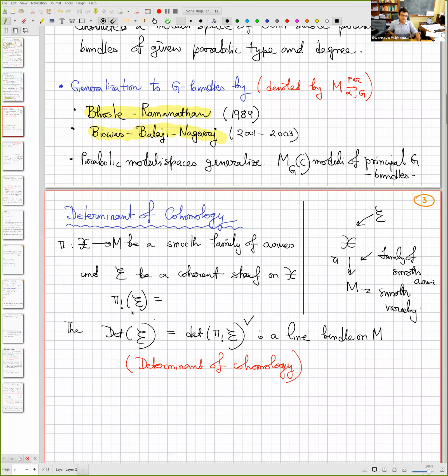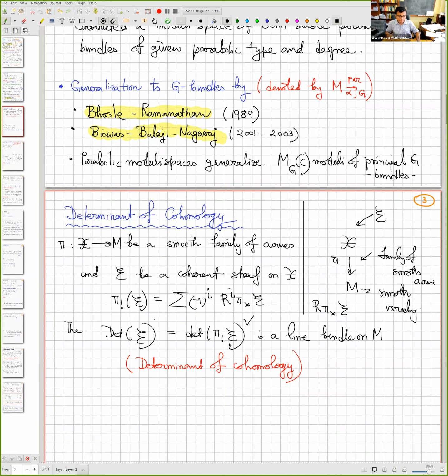Then I can consider the higher direct image, R pi lower star of E. And I can look into the K0, the K group of M, and then I can define the determinant to be the determinant of the individual pieces.